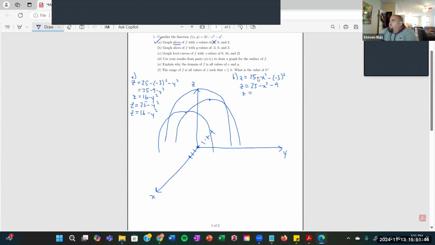So z equals 16 minus x squared. All right, so now we have a slice that's uniting z with x. And now we're fixing y to be a constant -3. So y is the horizontal axis. So now I'm going to go backwards in the y-axis, which in this case is left. So y, -1, -2, -3.